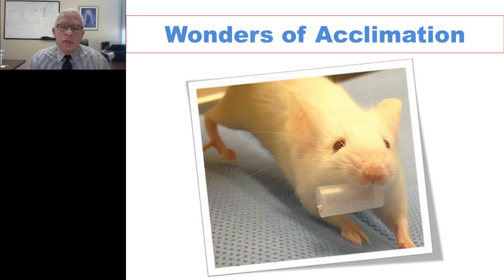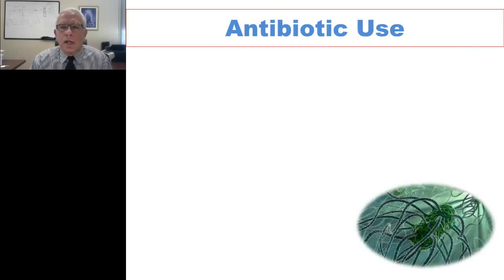At my institution, we don't allow investigators to touch our animals for at least 3 days after they arrive. So please consider acclimation. There's strong emphasis in the new Guide for the Care and Use of Laboratory Animals on the issue of acclimation. It could be a strong and powerful variable.